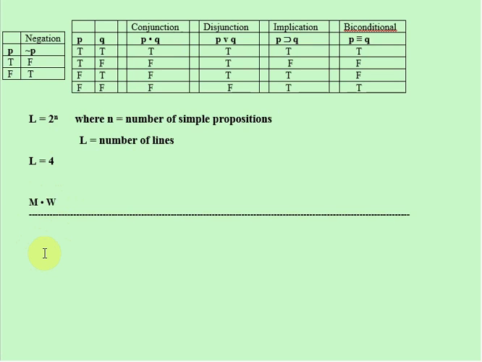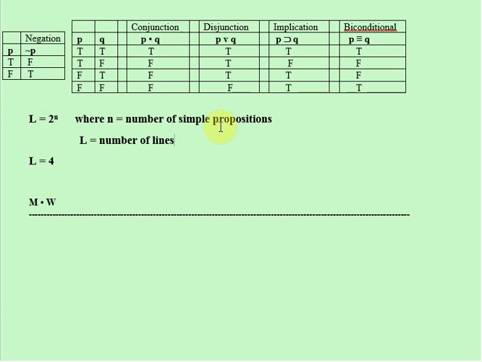It could be 2 lines, it could be 4 lines, it could be 8 lines, it could be 16. So you see there is an increment there, which is expressed by the formula over here, L equals 2 to the n, where n represents the number of simple propositions. And so that is how we determine how many lines we have.